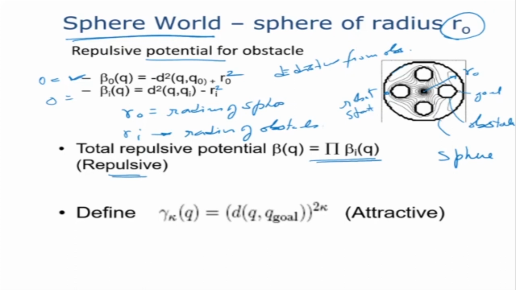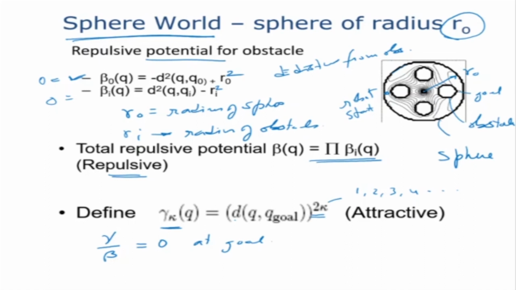Now, what is the attractive potential? We define it like this: gamma k is equal to d, where d is the distance between the robot and the goal, raised to the power 2k. Depending on k, we can put 1, 2, 3, 4. This attractive force is going to change. Now we know that if I take the ratio of gamma by beta, this is equal to 0 at goal. Why?